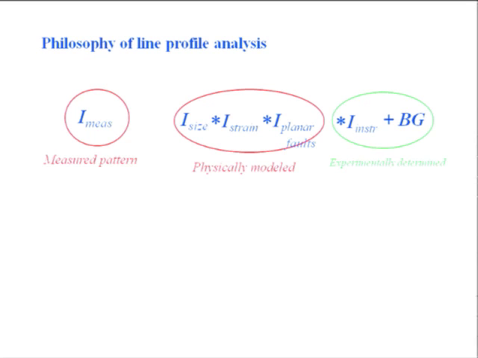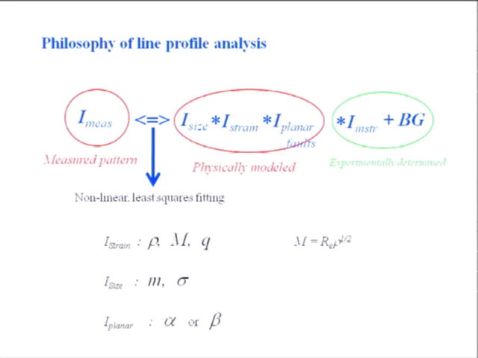This is what goes into the physical modeling. This is what we determine experimentally, and this is what we measure, and we want to compare the two by some mathematical methods, and we end up with some physical parameters.